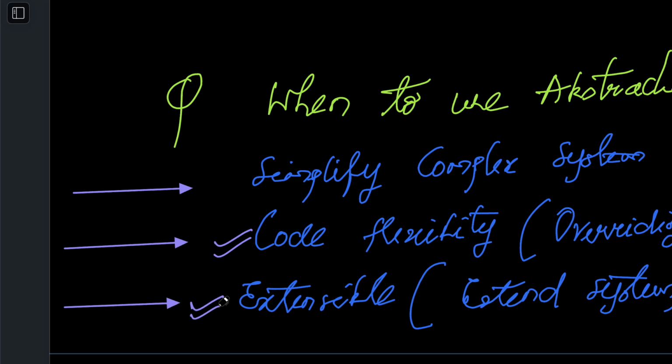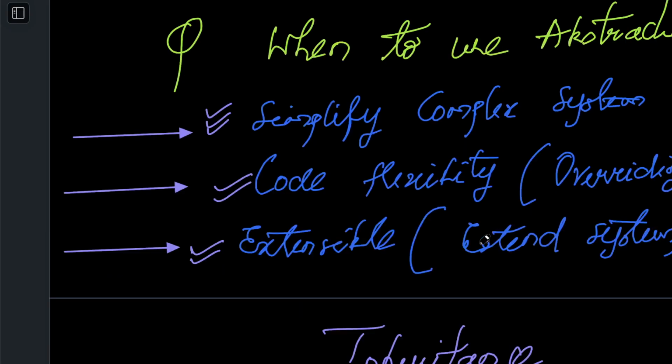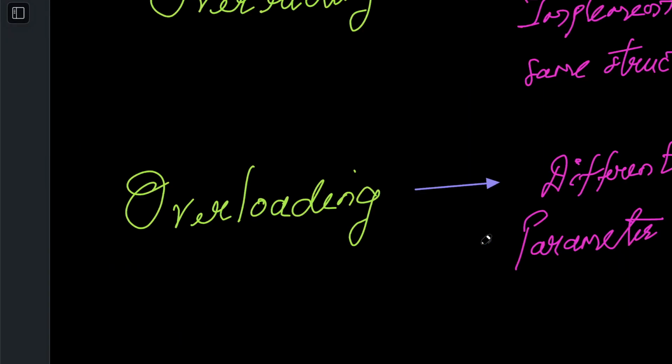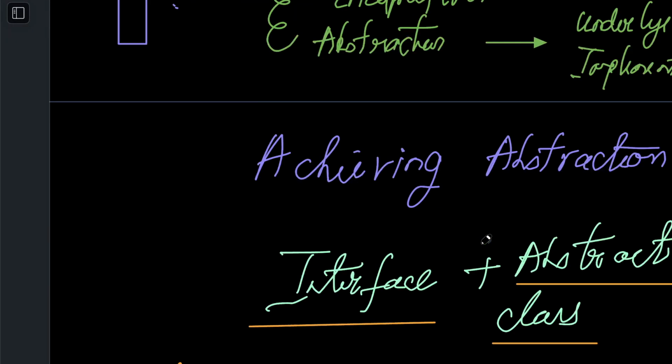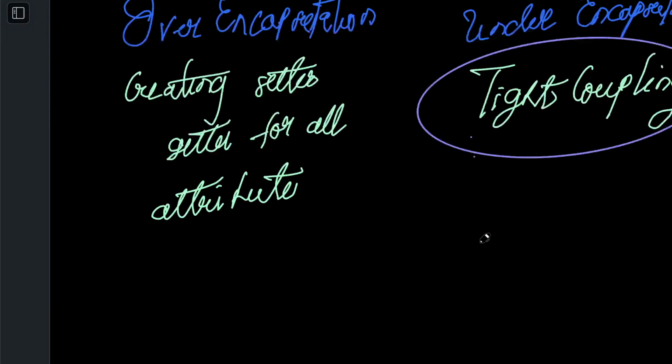You can make the code more extensible. It is going to simplify our complex code, because we are only exposing the method structure. How that implementation is happening is not our concern right now. So that is cool, right? So those are the two major pillars that we studied.